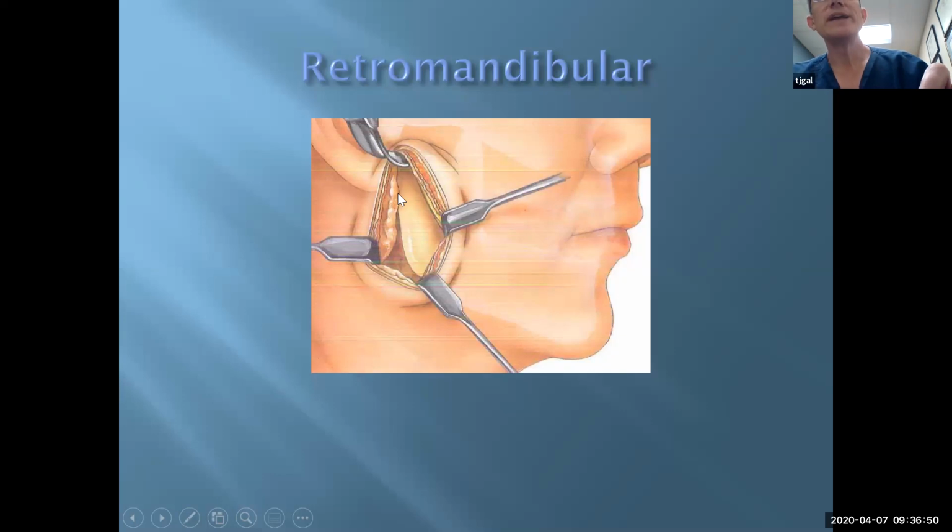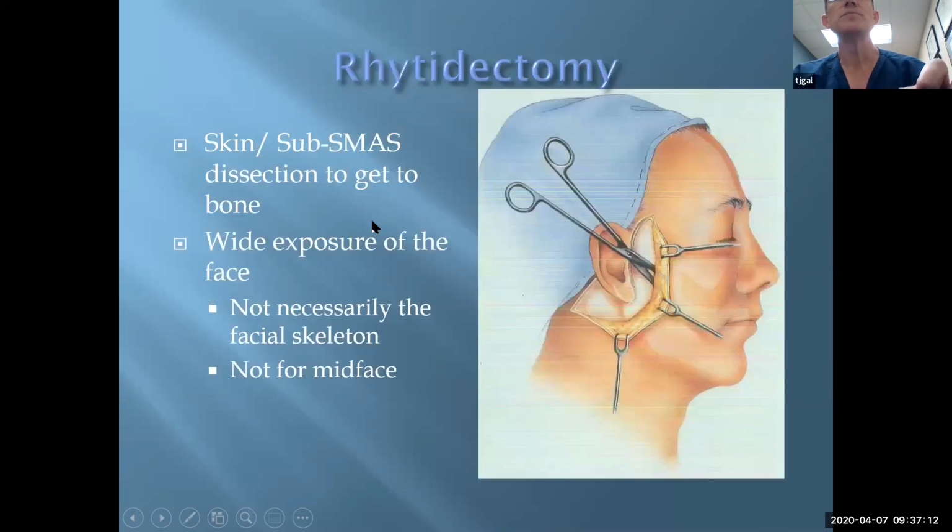Got wide access, you actually get wider access to the mandible and body. I don't use nerve monitoring for my facial fracture repair, and probably for that reason. I think if I went straight through a retromandibular approach, I probably would, just because I would be nervous about it. So I don't use it much.